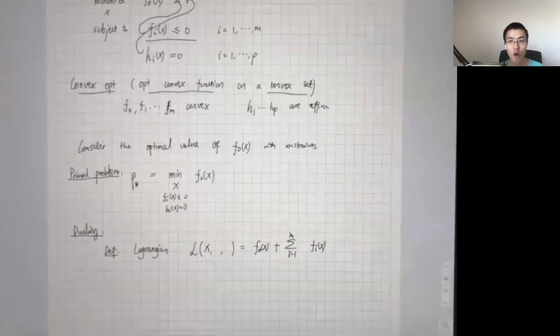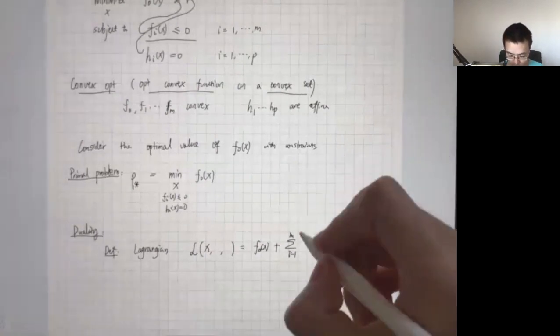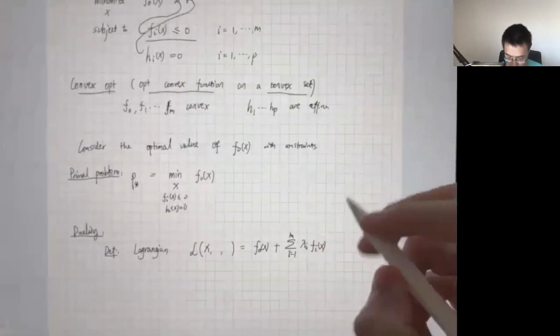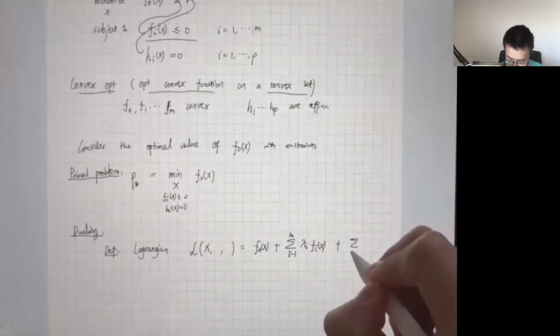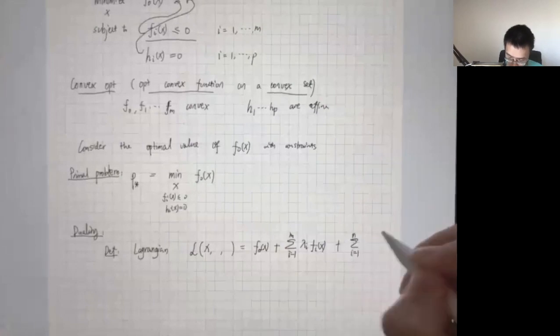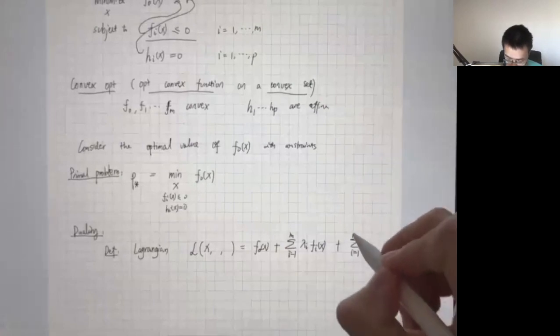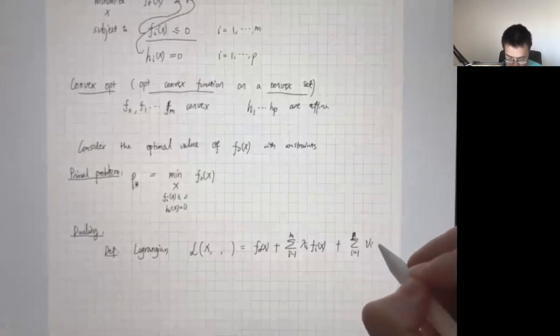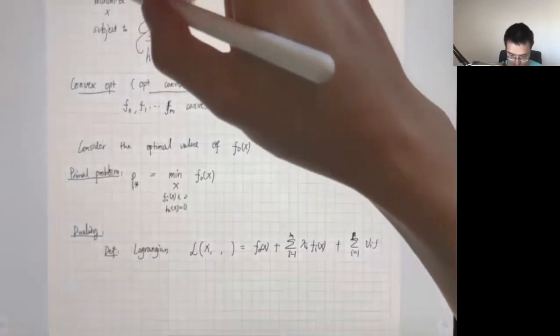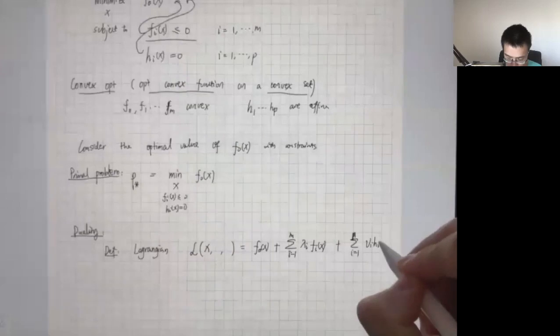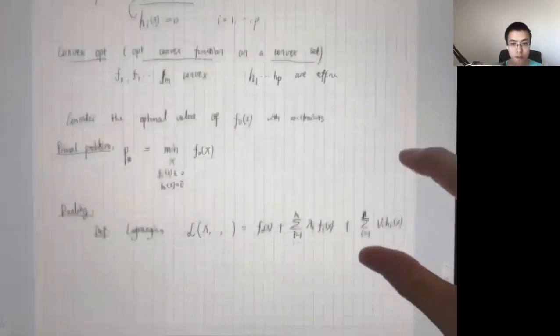So you have a coefficient for each of the penalties, so I call it lambda i, plus the sum over i from 1 to p of nu i hi of x, okay?